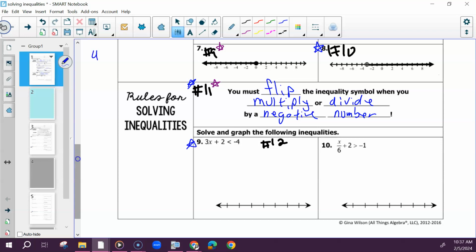If I had negative 4x is greater than 4, and I were to solve this, I'd have to divide both sides by -4. And because I'm dividing by a negative, the sign is going to change direction. Always, no matter what.